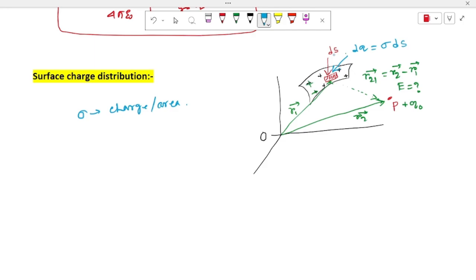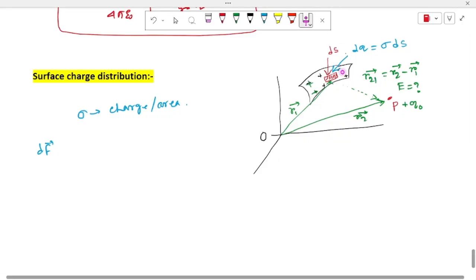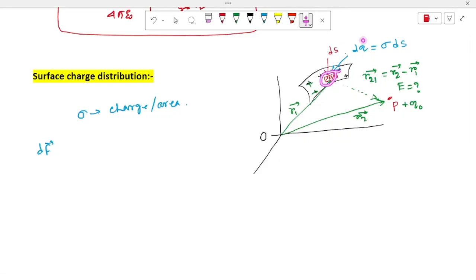So due to this small element ds, where charge is dq, and the test charge q naught, the force df vector, from Coulomb's law, is equal to 1 by 4 pi epsilon naught q naught into sigma ds by r21 square r21 cap.